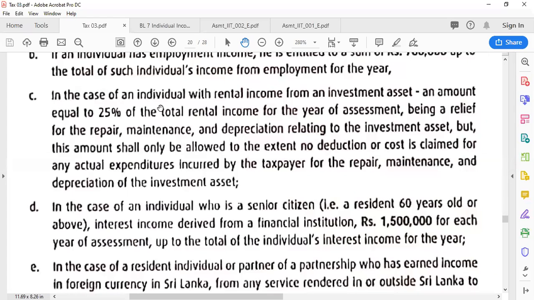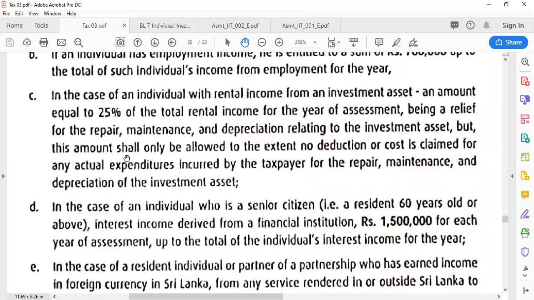In case of an individual with rental income from an investment asset, an amount equal to 25% of total rent income for the year of assessment, being a relief for the repair, maintenance, and depreciation relating to the investment asset.